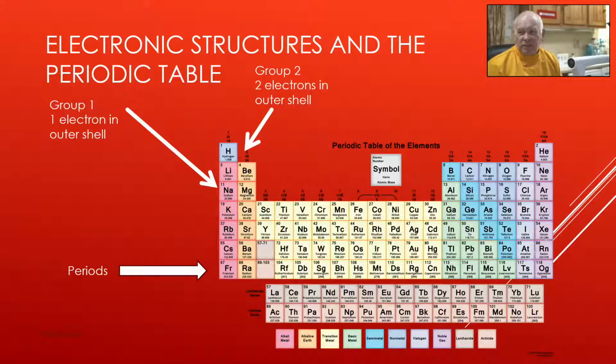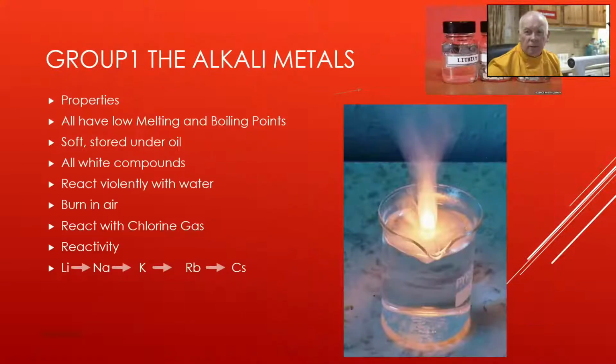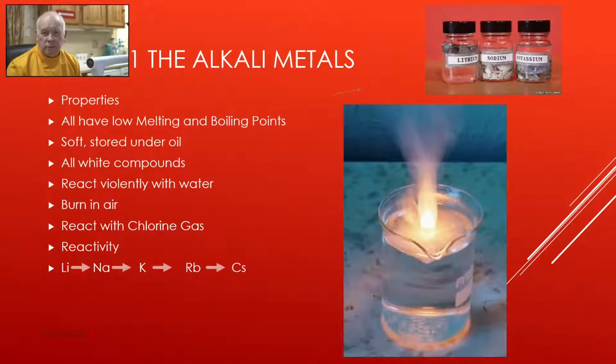Well, so much for having a look at the periodic table. Let's have a look at the actual elements to see what we can make of these. So the first set we're going to have a look at is that of the alkali metals. And we've got a picture of some of those, but I'm going to get some out so we can have a look at them.